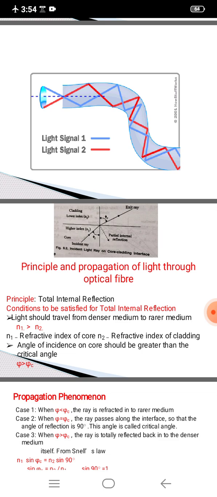Here N1 is the refractive index of core, N2 is the refractive index of cladding. The refractive index of core should be greater than the refractive index of cladding. Then only the light reflects back inside the core medium without any loss. The second condition is the angle of incidence at the core cladding interface should be greater than the critical angle.